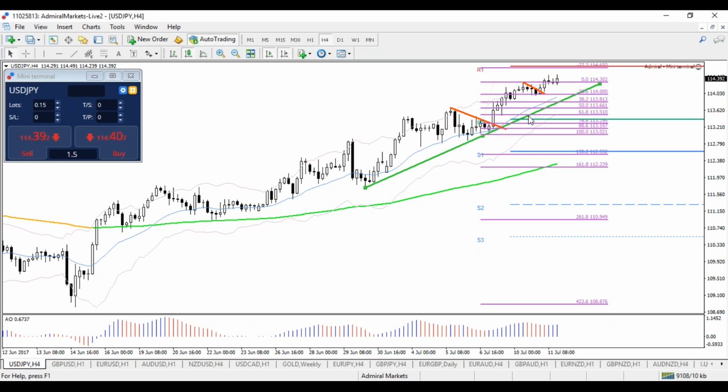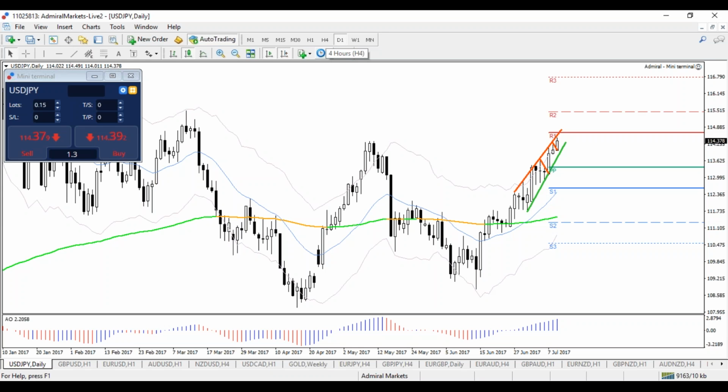So I am not unwilling to trade it again to the upside, but it has to be under different circumstances. I would probably need to see a mild retracement here again, something like this, or maybe not even that big, but some kind of correction.